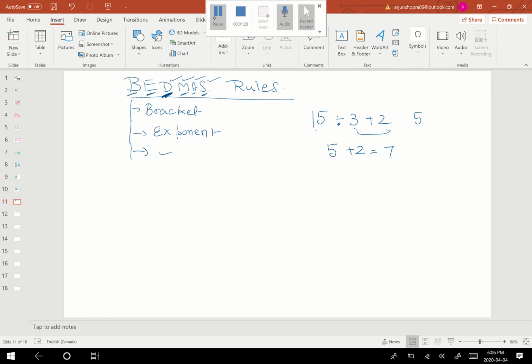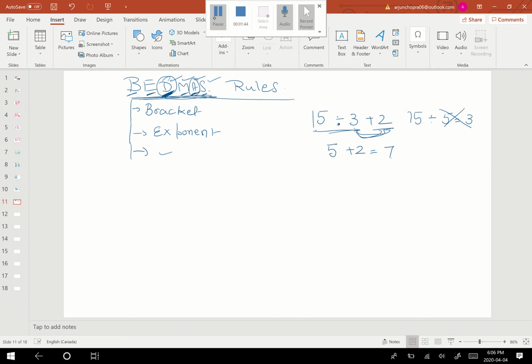If I did 3 plus 2 first, which is 5, the answer would come out to be 3. This would be wrong, because in the BEDMAS sequence, division comes before addition. So I have to divide first, then apply the addition.